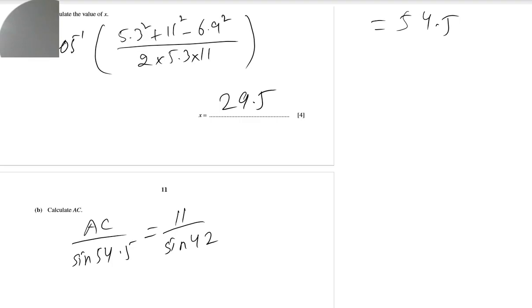So your AC would be 11 sine 54.5 over sine of 42. 13.38, 13.4.